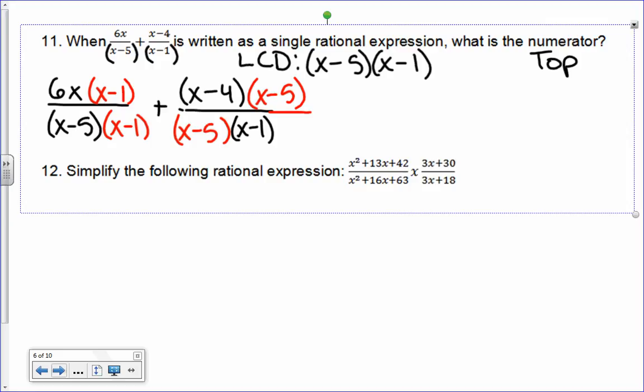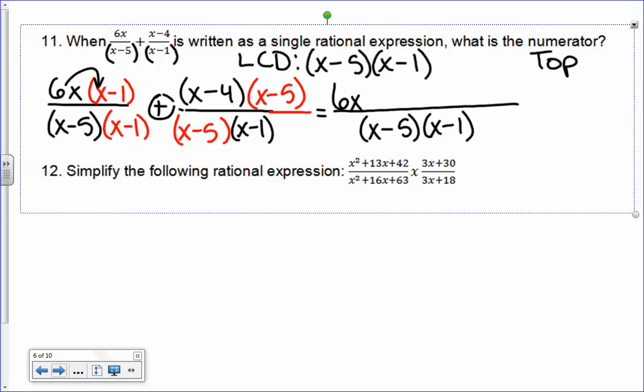Okay, but before I would do that, I would have to distribute the 6x, and I'd have to distribute the x minus 4 to the x minus 5. But it's going to allow me to make one big fraction with the same denominator of x minus 5 times x minus 1. And since this one is a plus, I don't have to worry too much about messing up the signs. So I go 6x times x, that's 6x squared.